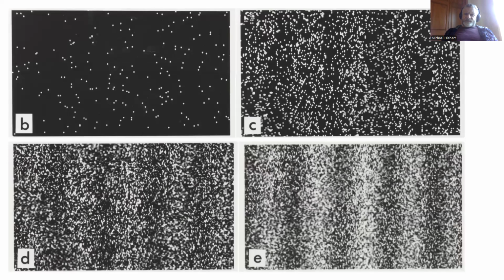This is the two-slit experiment. This is the detection screen of the two-slit experiment in quantum mechanics as you shoot a particle through the two slits at the screen, one particle at a time. This pattern appears pretty random.